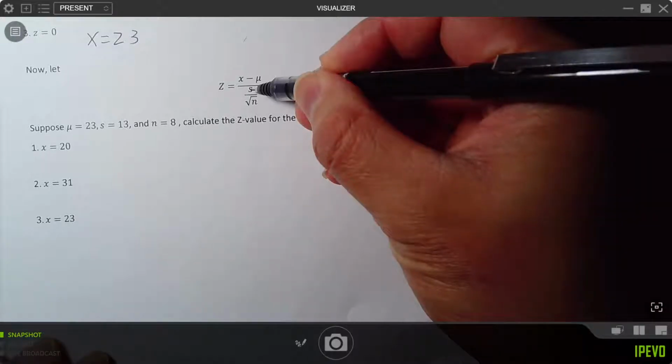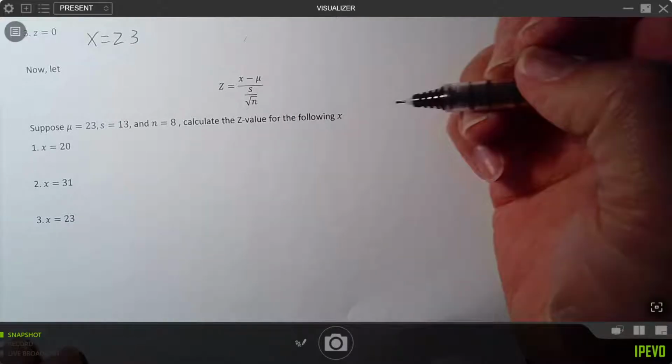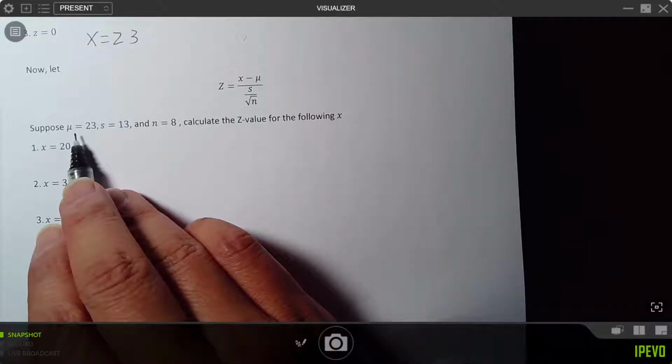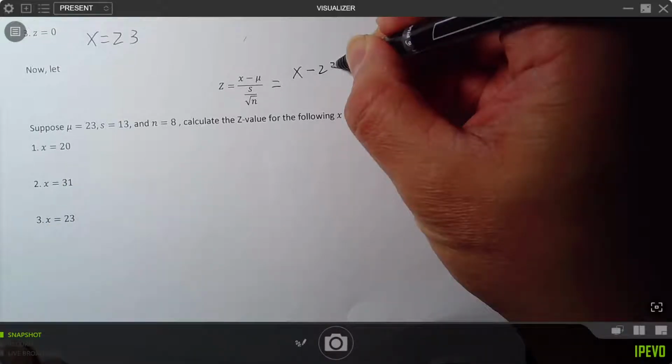If you are struggling or don't remember how to put this inside the calculator, please let me know. I can help you individually. The process is the same. I have a couple more parameters now, so I'm just going to substitute that in and write it out again: x minus 23 over 13 over root 8.